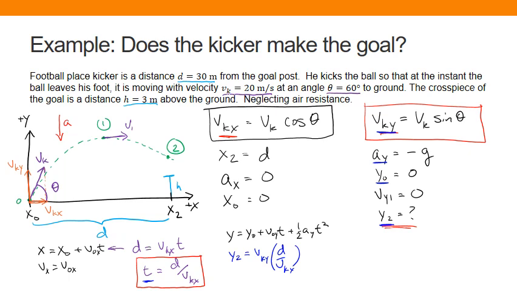And then my acceleration is negative g, so minus 1/2 g d over vkx squared. Now, you might look at that and say, that's not very clean, it looks very messy, but really that's just a number. I know all of the things in this equation, and now that means I've solved for what my final height is.